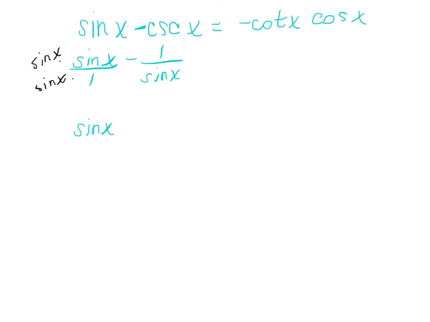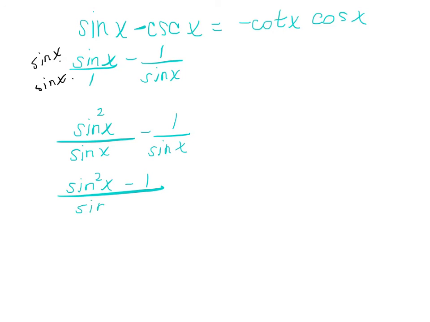So then I'll have sine squared x over sine x minus 1 over sine x. And so what will that give me? Well, let's see. That gives me sine squared x minus 1 over sine x.